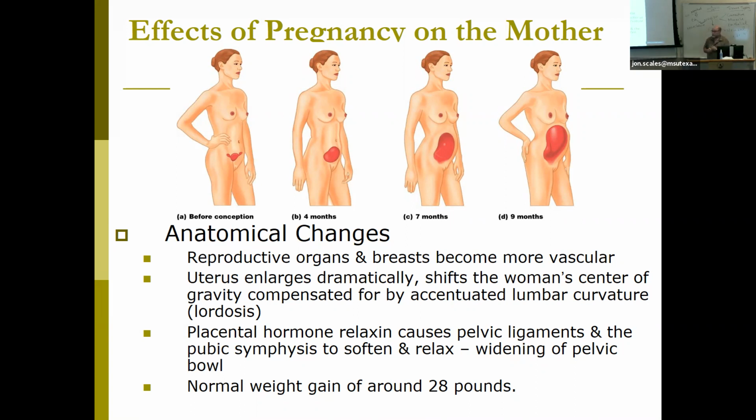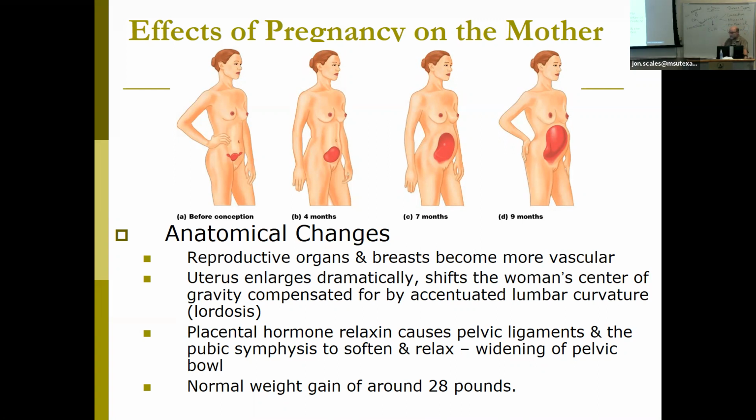Specifically, one in particular is the pubic symphysis, which is the cartilaginous joint between the front of the pubic bone there in the pelvis, right in here. So that can actually bend out and expand, which it's going to need to do. Partly that helps give more room for the uterus to expand, but it also allows for the baby to pass through the vagina to be born.